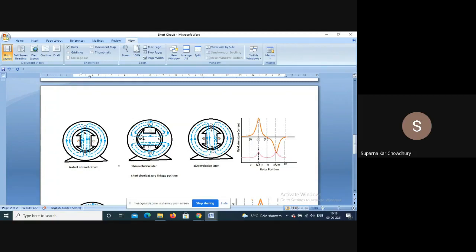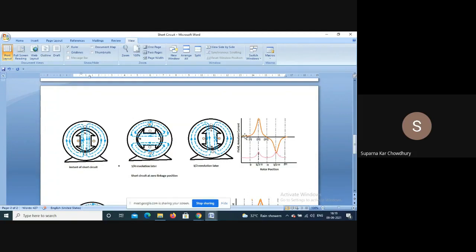As the rotor moves through another one-fourth revolution, the pole comes here. Now again the field axis and the armature coil axis are perpendicular, but now it has reversed, and the conductor linkage has become zero naturally. So the current will die down.